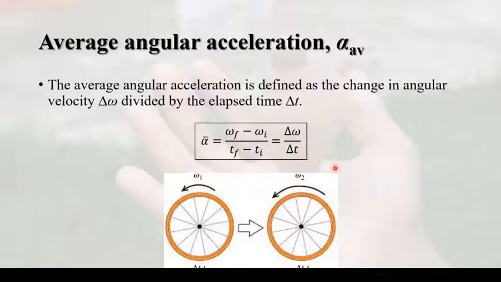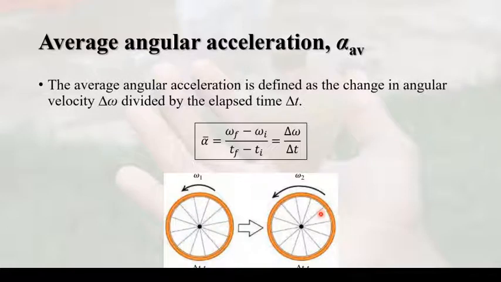So what is the difference between instantaneous and average? If you are just going to look at instantaneous, then you calculate omega 1. If you want to look at the final, you use omega 2. But when it comes to average, you use omega 2 minus omega 1. Maybe initially the object just doesn't move, so it has a lower angular velocity.